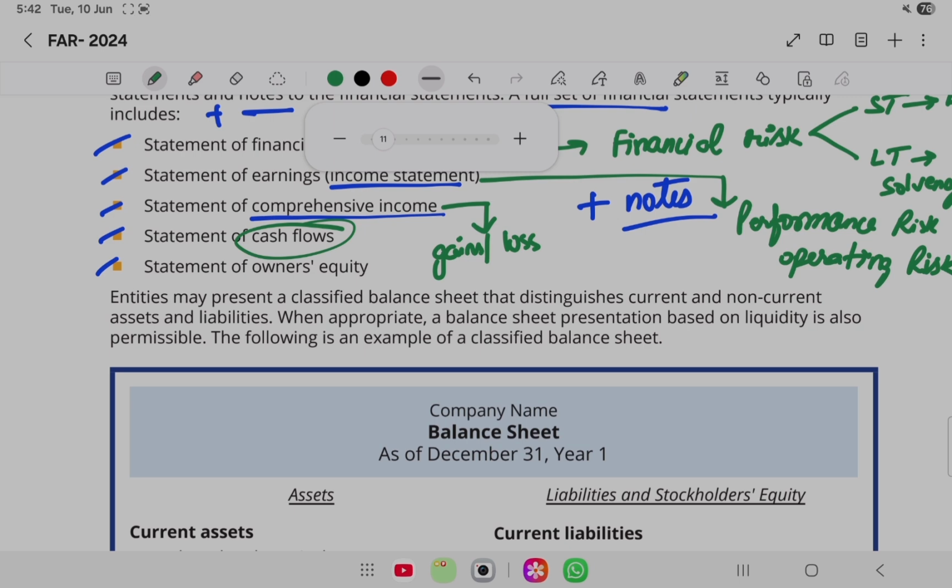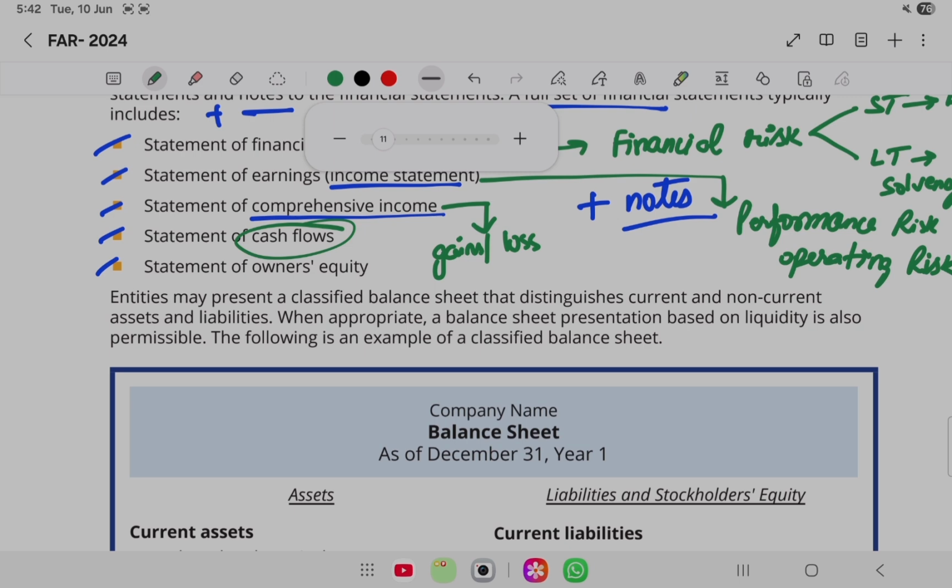I will not be impressed. So I want to know why the cash is changing. Also, I want to know the quality of the earnings, like the net income per the income statement versus the changes in operational cash.